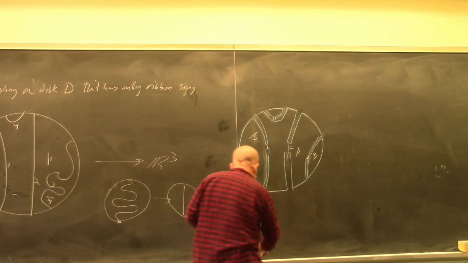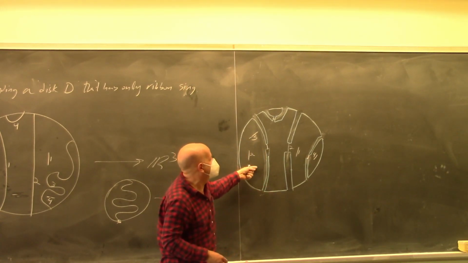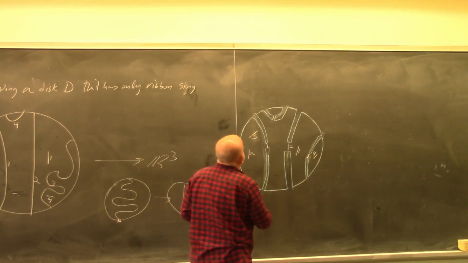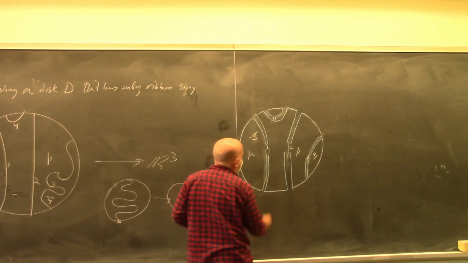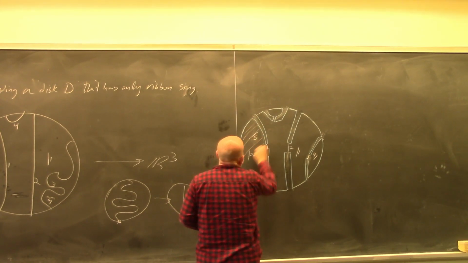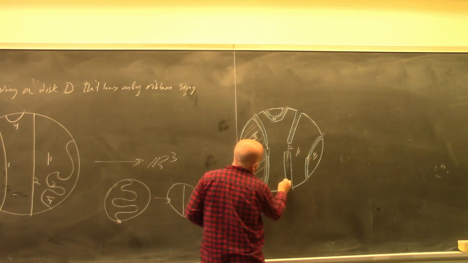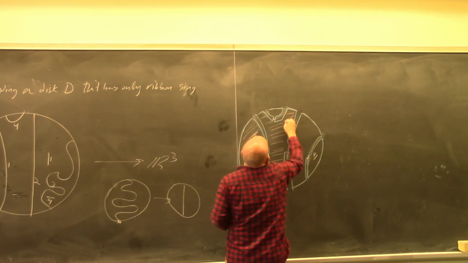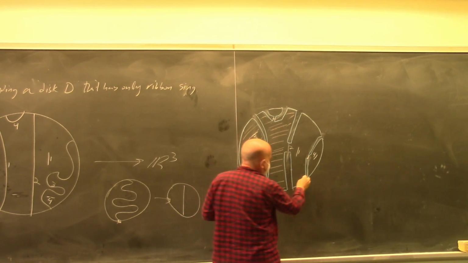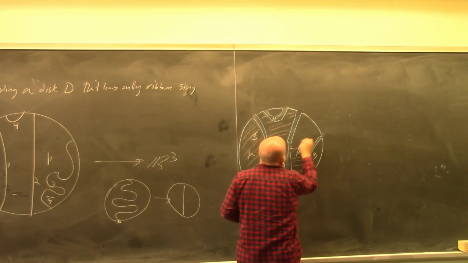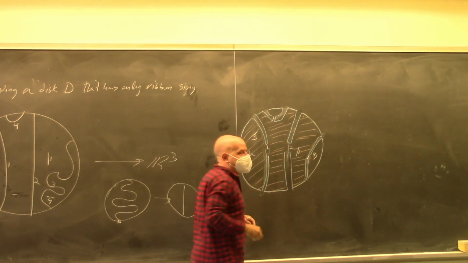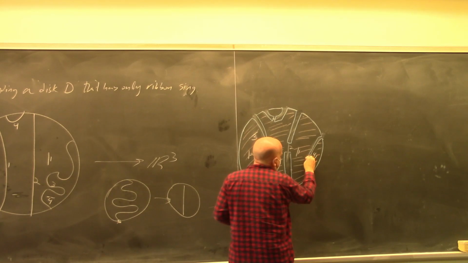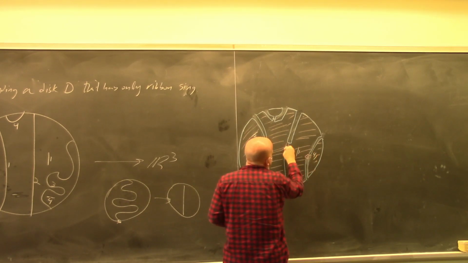It's still the boundary of a disk, but now this disk can be seen as a union of disks. So it has sort of chambers, and these chambers are themselves disks. These disks are connected with bands. Each of these pieces is a band.